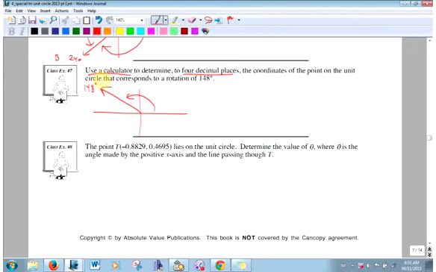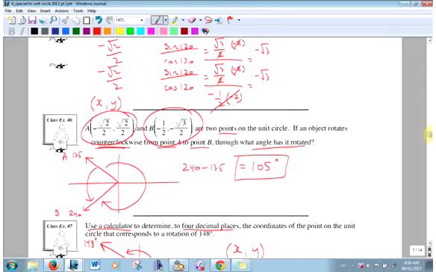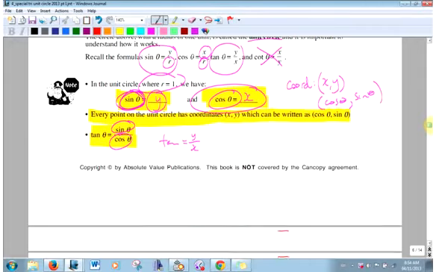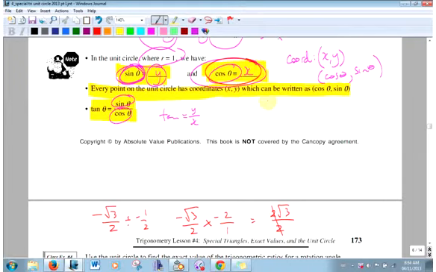This question's a lot easier than you think it is. How else can I write coordinates? What do I know I can write x as? This could also be written as what? Yeah. X is cosine theta. Y is sine theta.